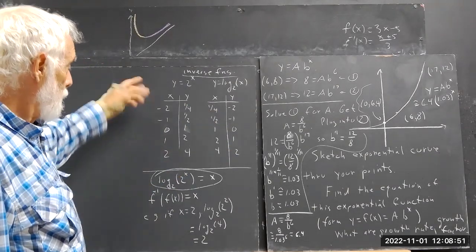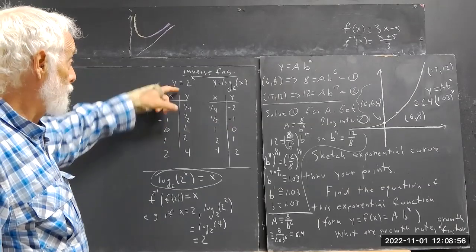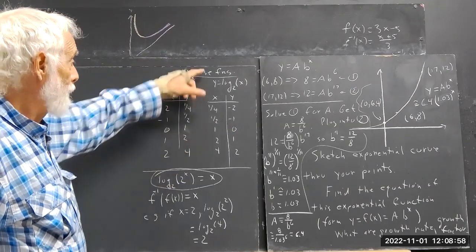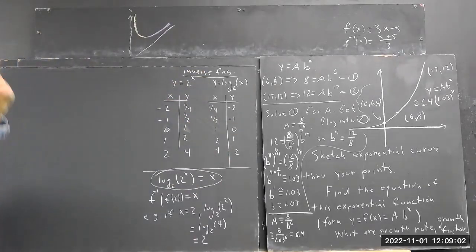And say that exactly right. Take any value over here, find y, which is 2 to the x. And then put that into a log function, and you get back to the number you originally started with. Okay.